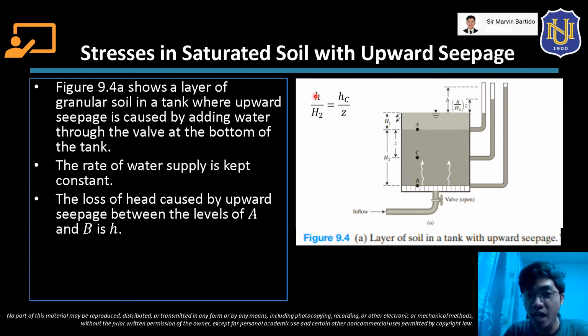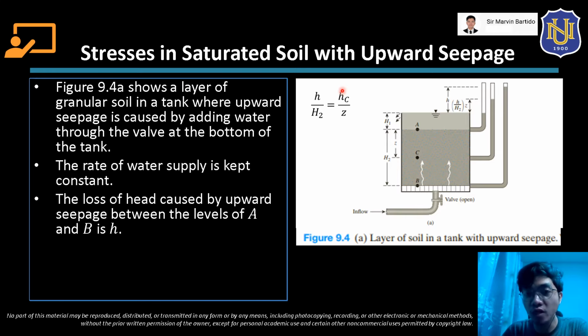So, that will be H, yan yung head loss between A at B, over yung distance between A and B, class, yung height between A and B ay H sub 2, so H over H sub 2. So, equate mo lang yan, class, dun sa head loss between A at C. Ang head loss between A at C, class, ay let's say H sub C over yung height or distance between A at C. So that will be Z. So that's why it's over Z.